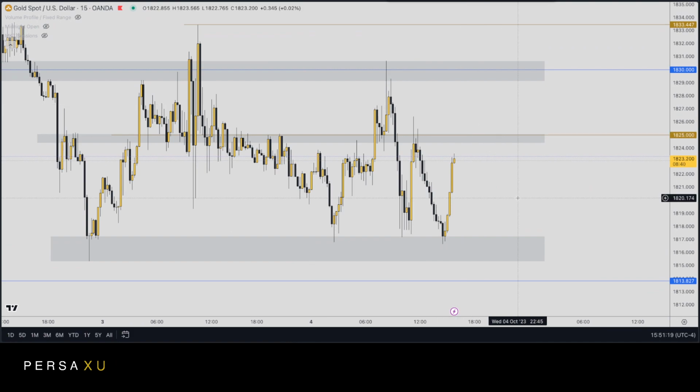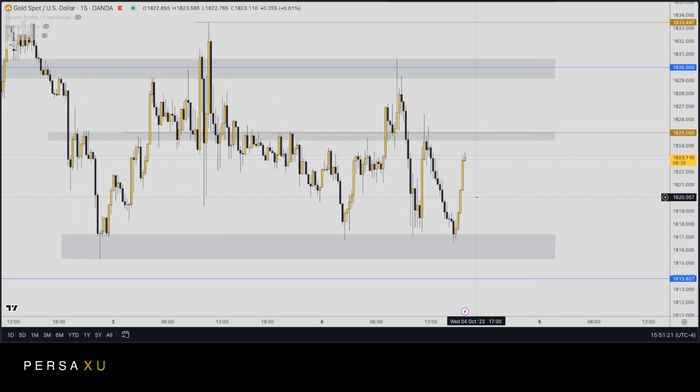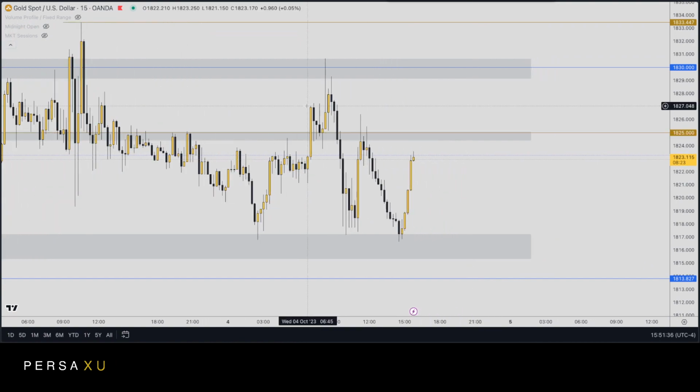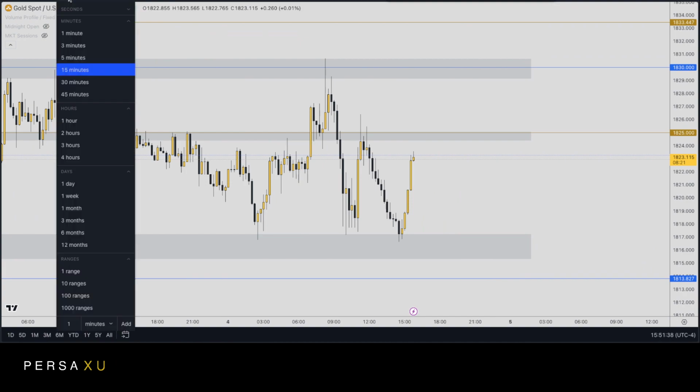But anyway, I wanna focus on this specific movement where price comes down to retest the support and it's bouncing back up. Okay, and it's gonna be a real quick explanation of how I interpret the markets.